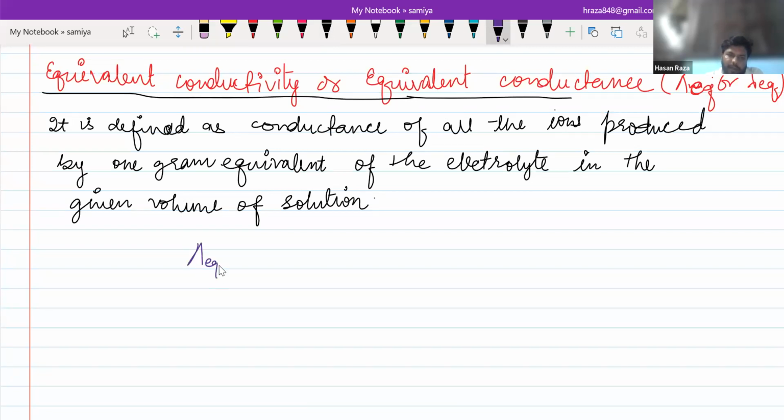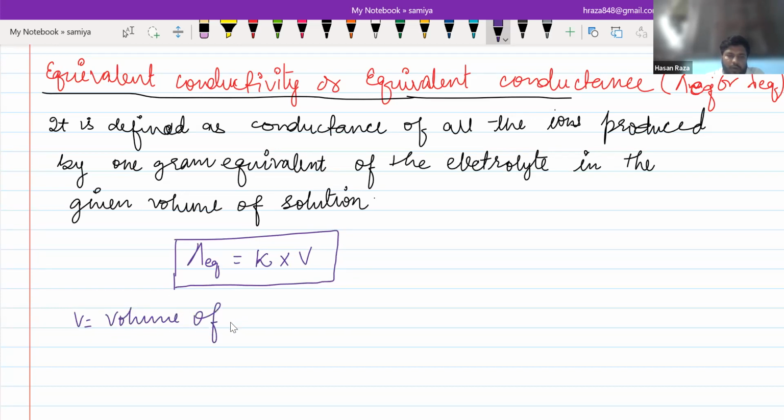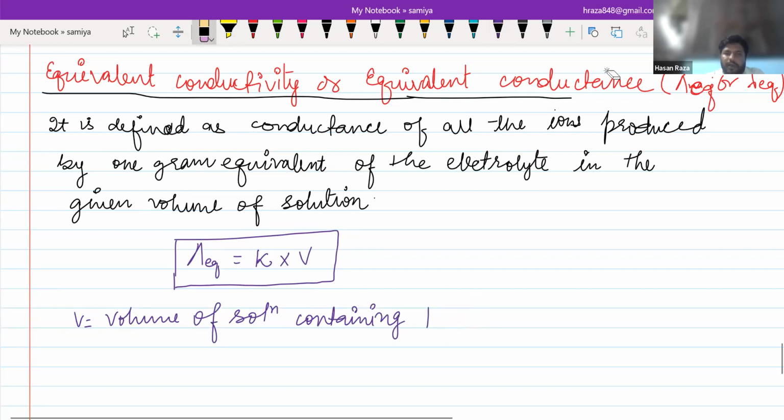In the same way, lambda EQ will be equal to kappa into volume. If we increase the volume, then equivalent conductivity increases. And here V is the volume of solution containing 1 gram equivalent of electrolyte, not 1 mole, since we are talking about equivalent conductivity.